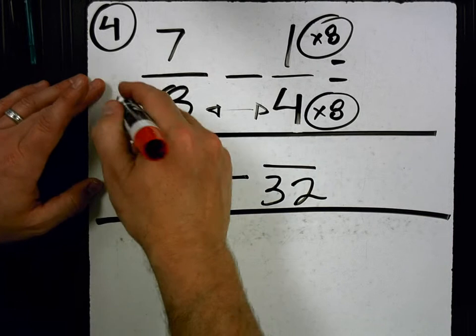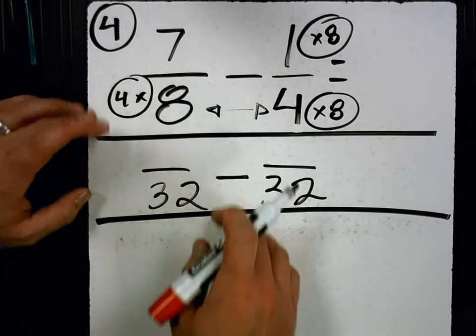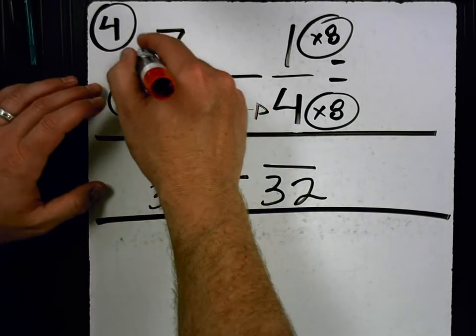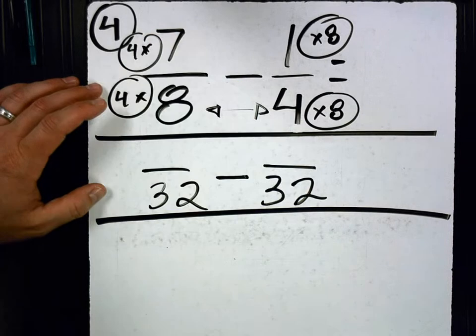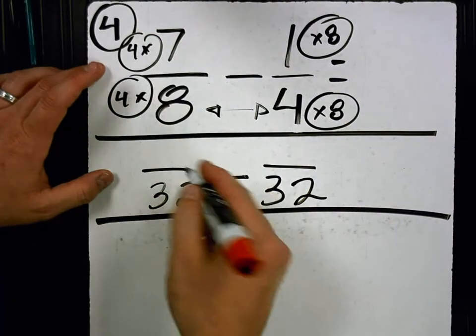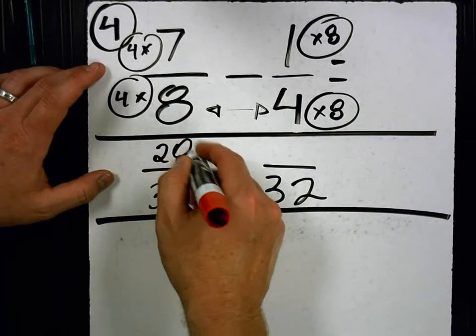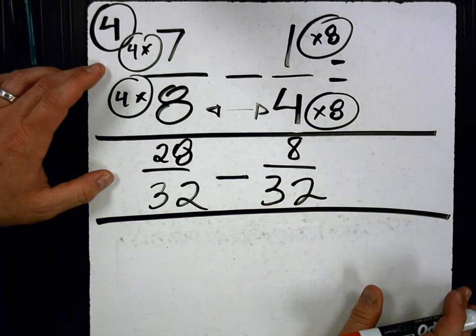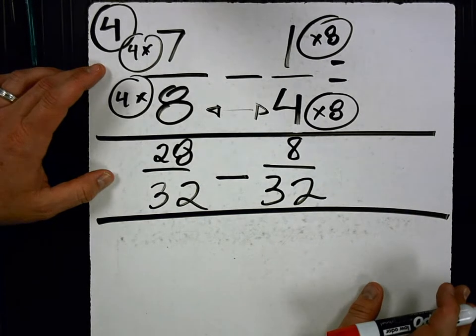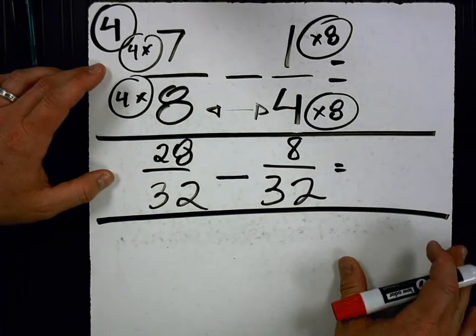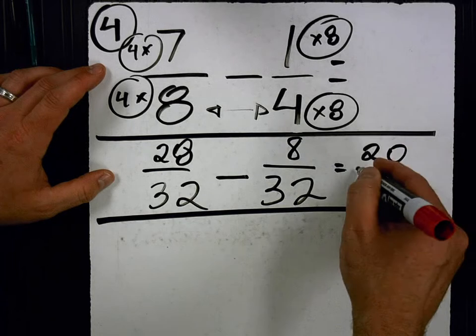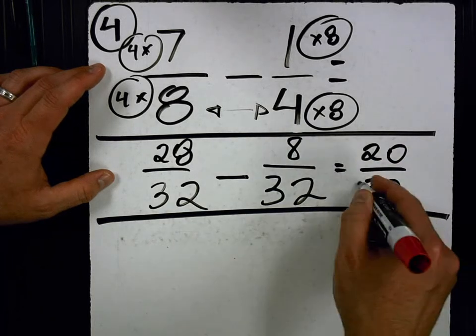We're going to multiply 8 times 4 to get our common multiple on that side, and whatever you do to the bottom number, you have to do to the top. What's 4 times 7? 28. What's 1 times 8? 8. Everyone? 8. Great. 28 minus 8 is how much? 20. And the bottom number stays the same.